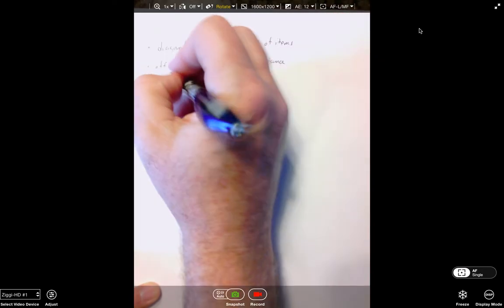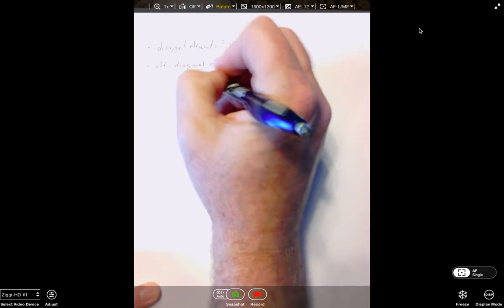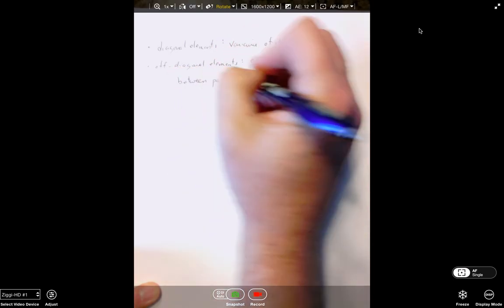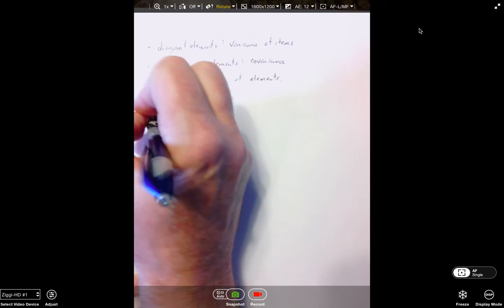And the covariance is between pairs of elements. Now we're going to use R to find all this, so it's going to be a little bit easier for us.